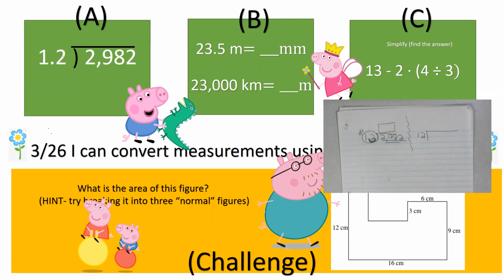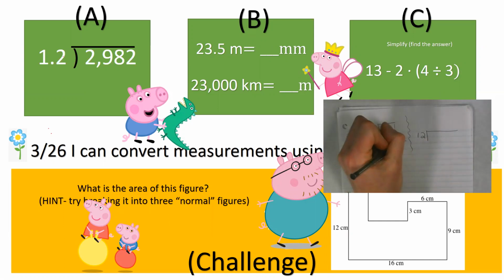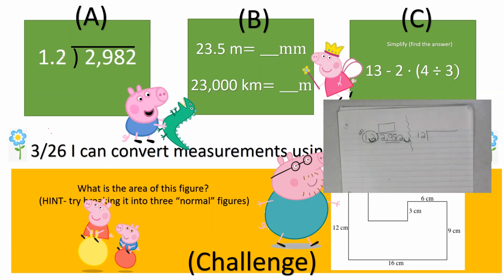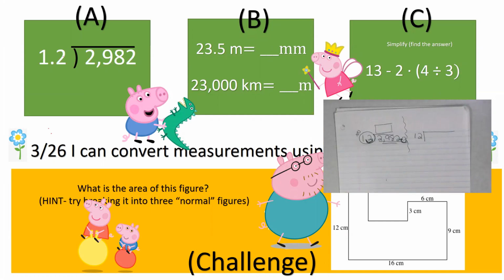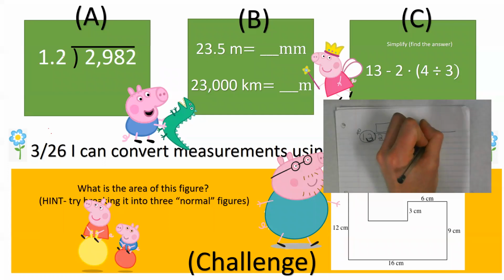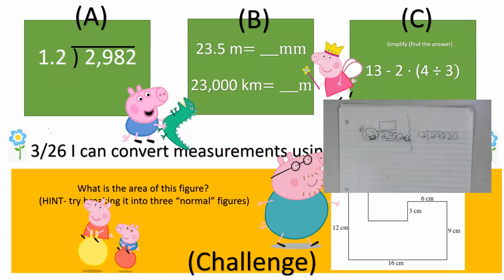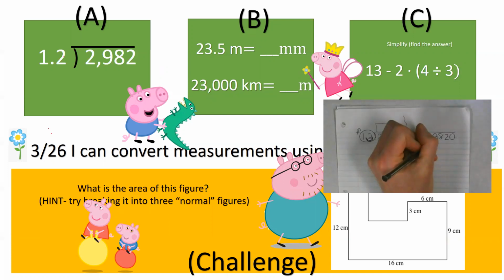But instead of having 2,982, we're going to have to move this decimal over once too. It's a whole number, so there's an invisible decimal at the end of it. And when you move it over, you're basically just adding a zero. A lot of you guys know, yeah, whenever you multiply by 10, you add a zero. Well, yes, if it's a whole number. So 2, 9, 8, 2, 0. Whew, that's a big number, right?